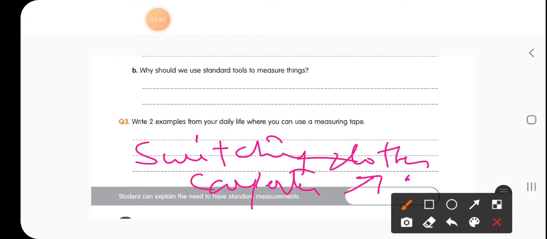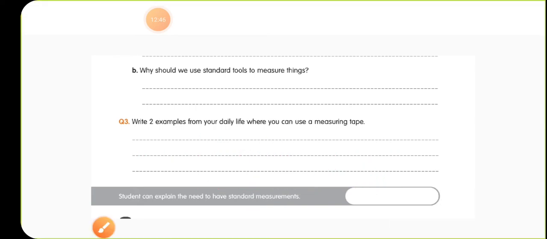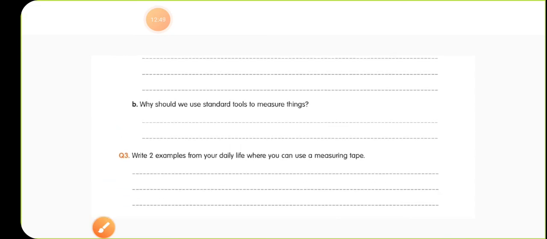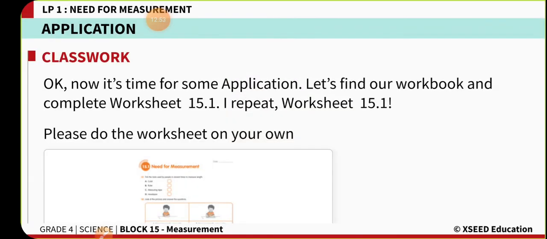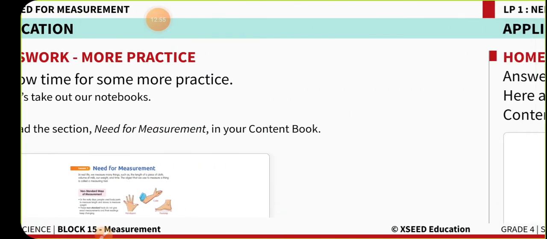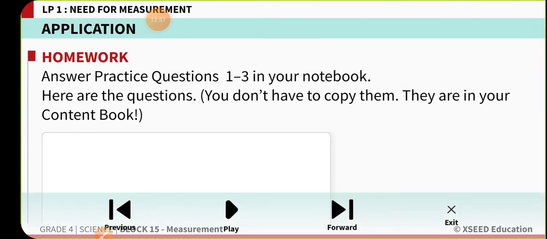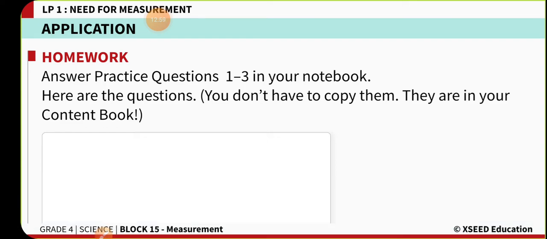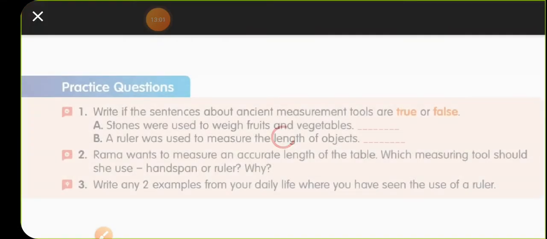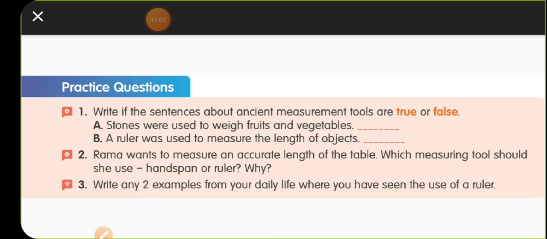So after this worksheet part, now let us go with the practice questions of your textbook. The first question is, write whether the sentences about ancient measurement tools are true or false.